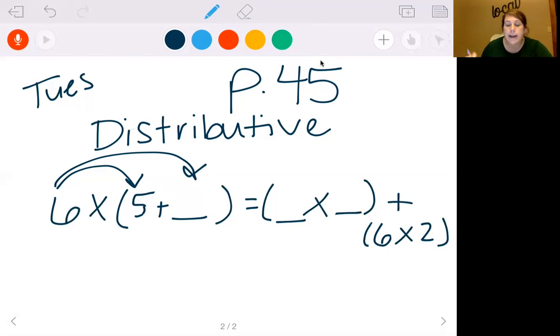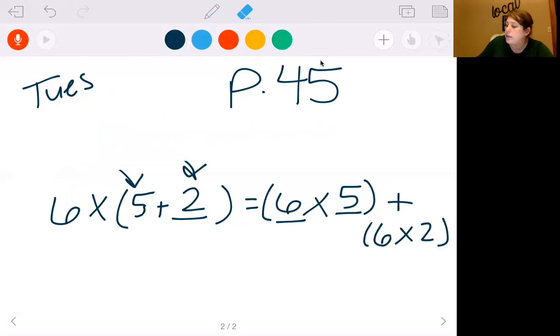Okay, sorry, I was looking at a problem above it instead of the one below it, so this is your final one, I promise. So all we really do is fill in the blank here. So the number I'm missing is 2. Since I have 6 times 2, I have 6 times 5 here. So really all you're doing is filling in the blanks, and I made that way more difficult than it had to be, sorry. Let's do another one, and maybe I can get this one correct.